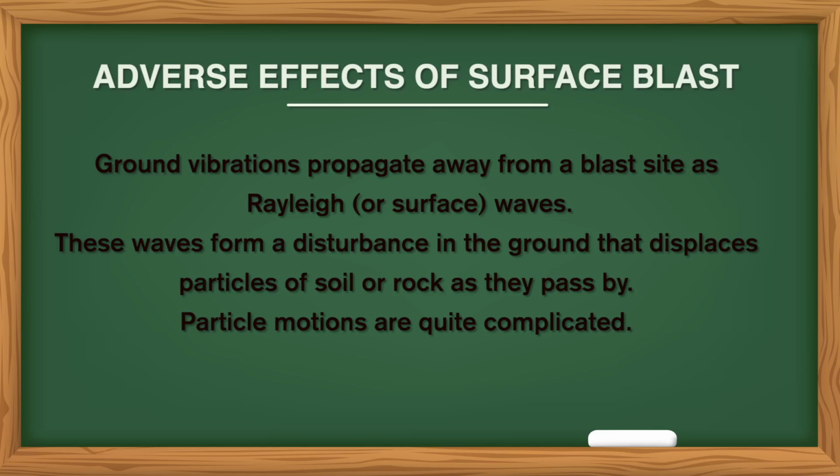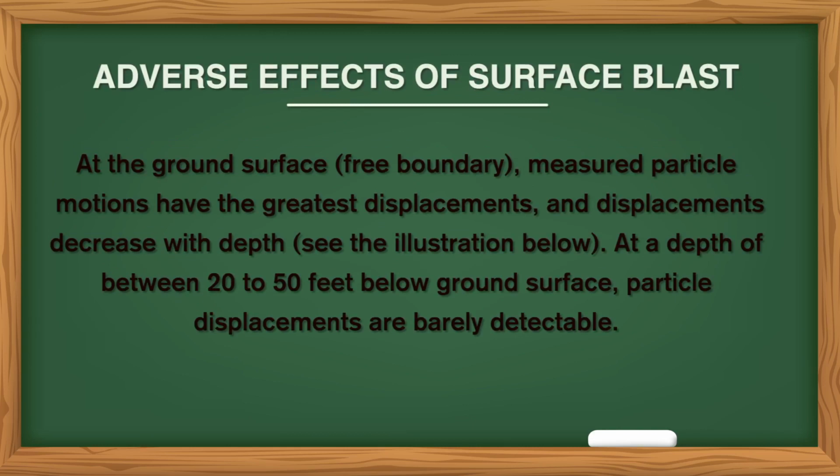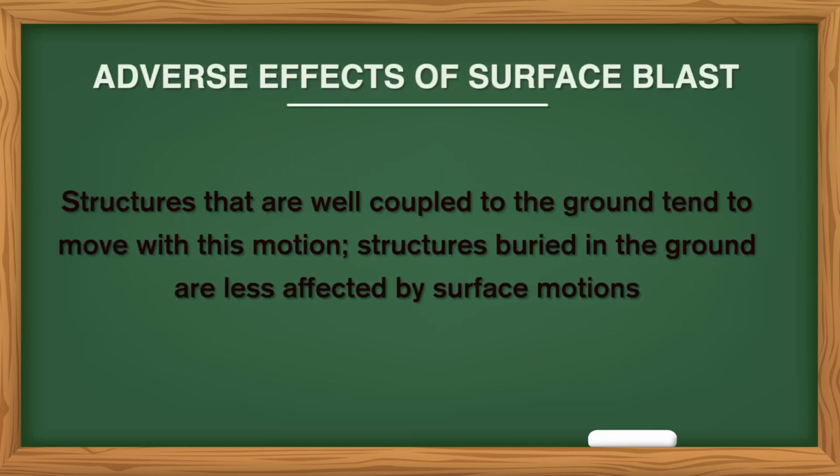Particle motions are quite complicated at the ground surface. At the free boundary, particle motions have the greater displacement, and displacement decreases with depth. At a depth of between 20 to 50 feet below ground surface, particle displacements are barely detectable. Structures that are well coupled to the ground tend to move with this motion. Structures buried in the ground are less affected by surface motion.